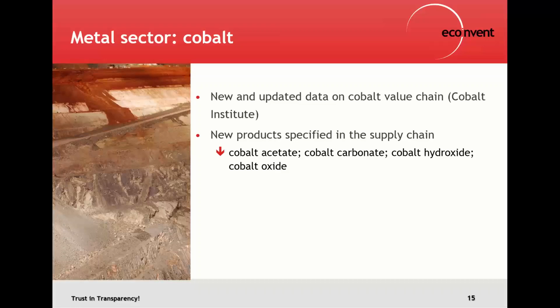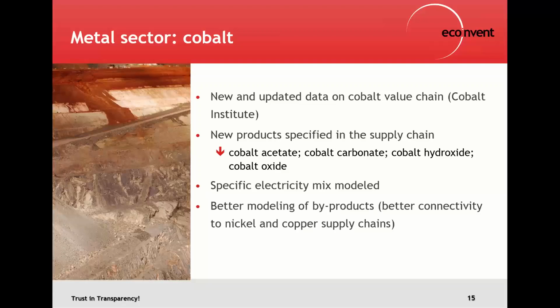Those products, cobalt acetate, cobalt carbonate, cobalt hydroxide, and cobalt oxide, are co-produced together with the cobalt metal in the different steps of the supply chain. The Cobalt Institute has also provided data to model the specific electricity mix for cobalt producers, similarly as we used to have, and we still have, for the aluminum producers. We also have now a specific cobalt electricity mix.